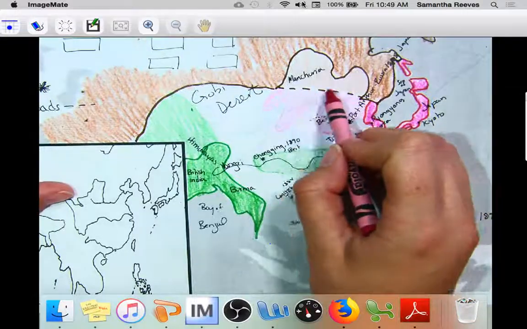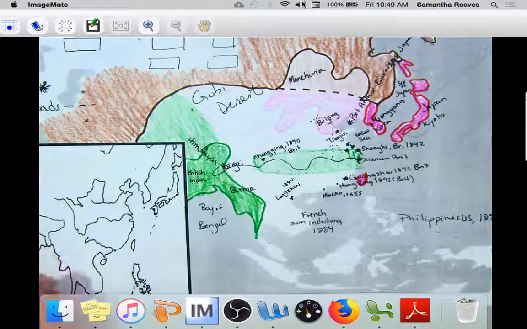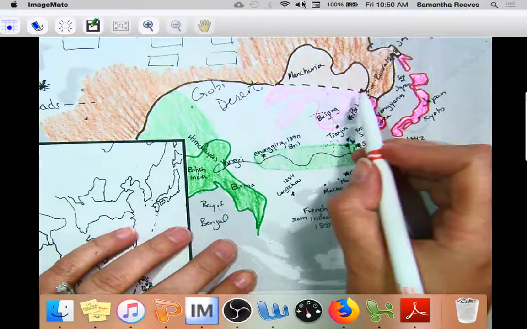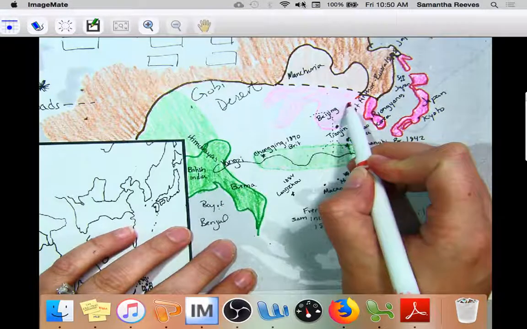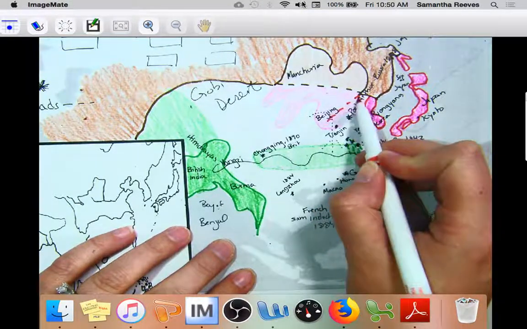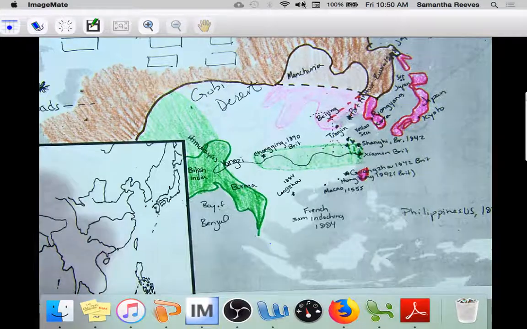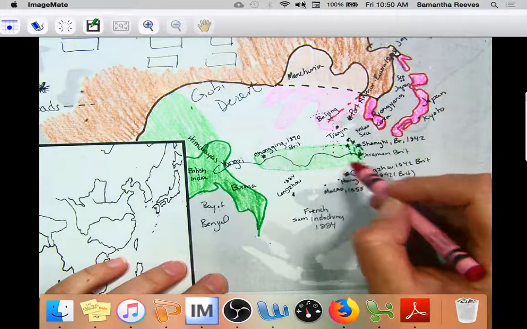The Japanese are going to make them look like idiots, and that's going to haunt them for a very long time. It's going to be pretty awesome, though, because the Japanese are going to beat them in a fight, and it's going to be great. Oh, Japan, I forgot. There's one other sphere of influence. It's way down here.